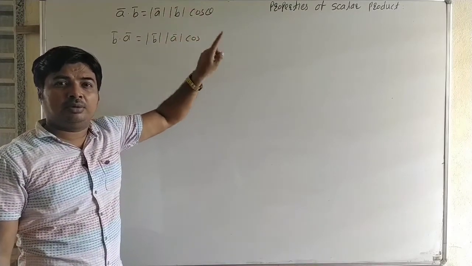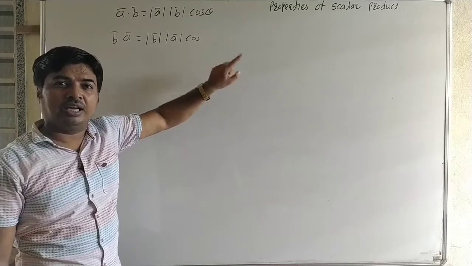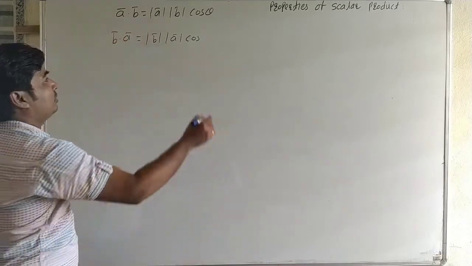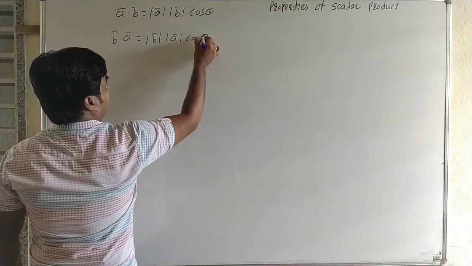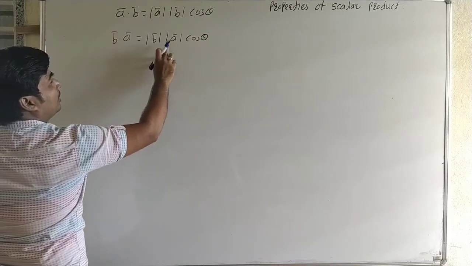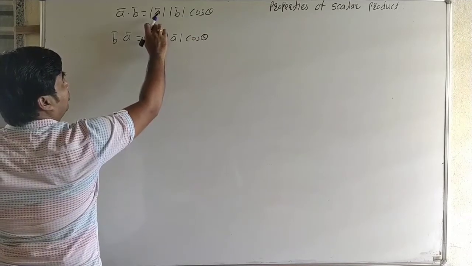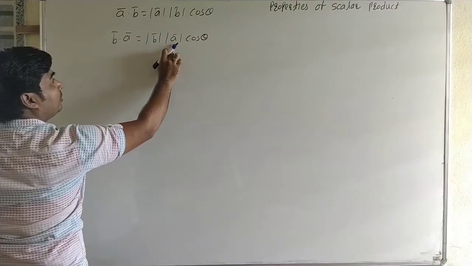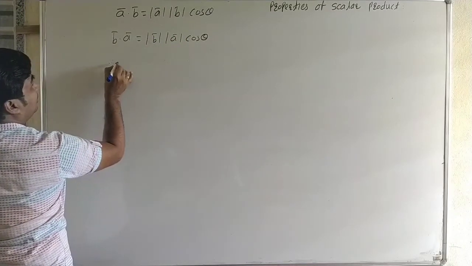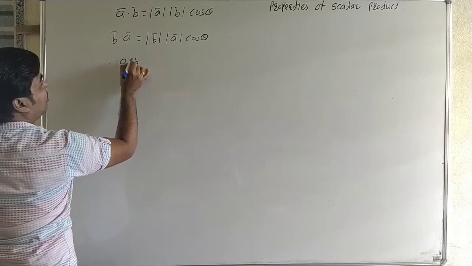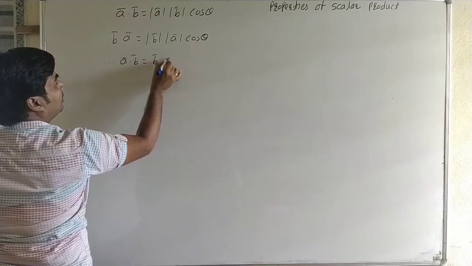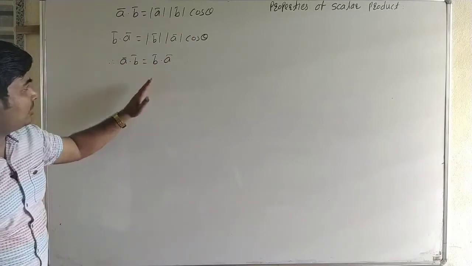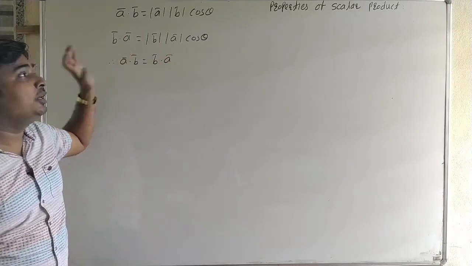If the angle between a bar and b bar is theta, then the angle between b bar and a bar is also theta. And magnitude of b bar and magnitude of a bar are scalars. Therefore, magnitude of a bar into magnitude of b bar is equal to magnitude of b bar into magnitude of a bar. Therefore, we can write a bar dot b bar is equal to b bar dot a bar. It is a commutative property.